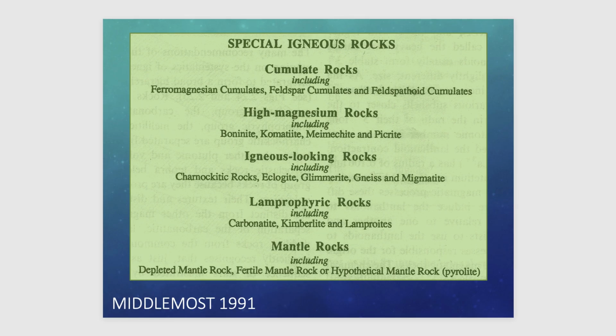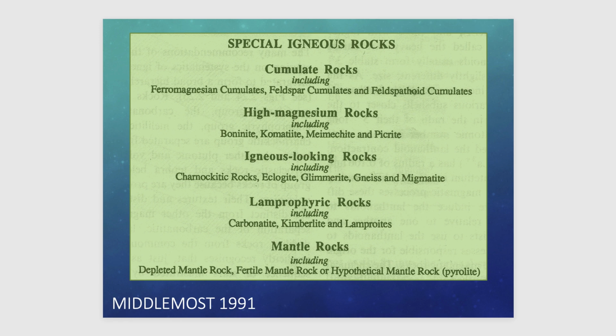So we have seen a number of ultramafic rocks that have a variety of chemical compositions. One key aspect of these, let's say, standard ultramafic rocks is their alkalinity. They tend to have relatively low alkalis.